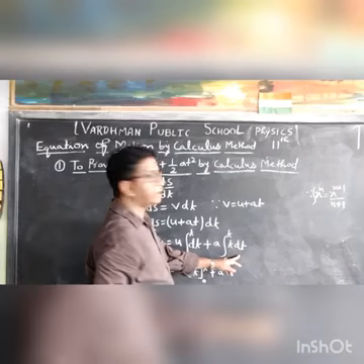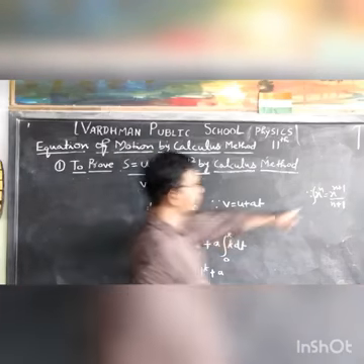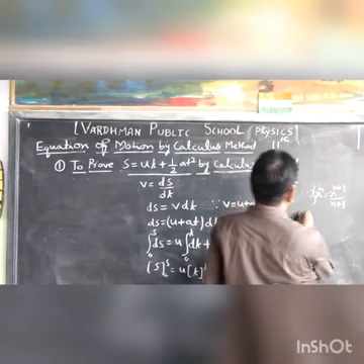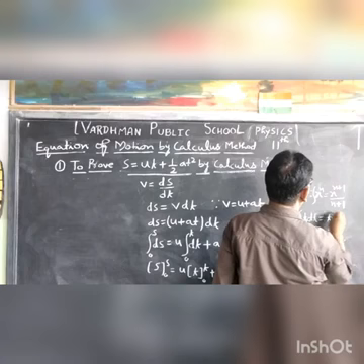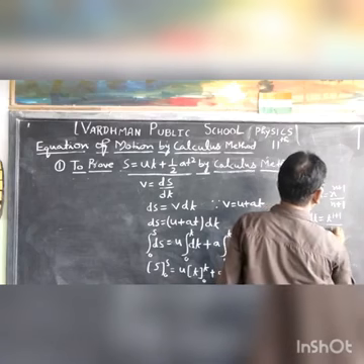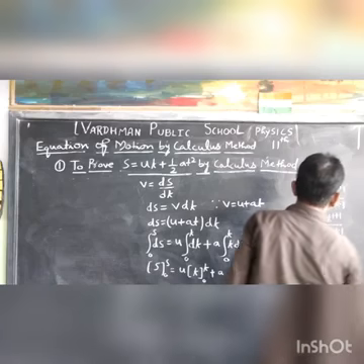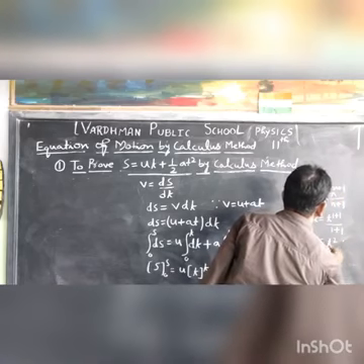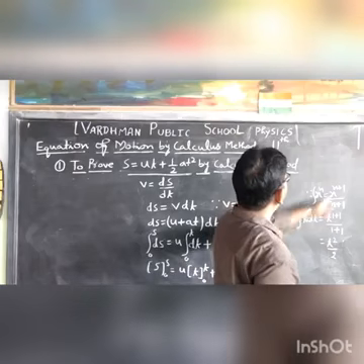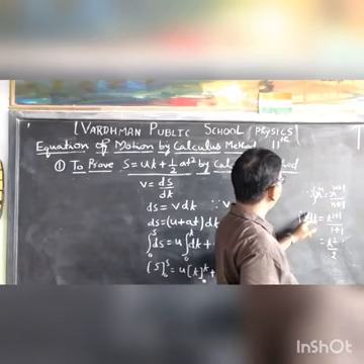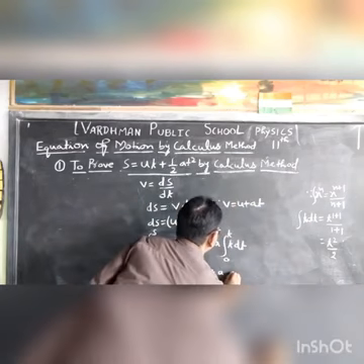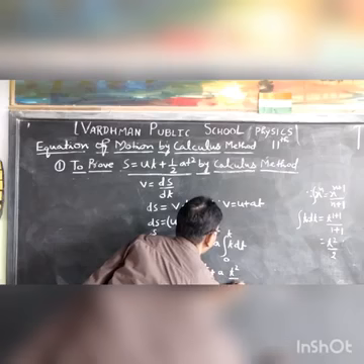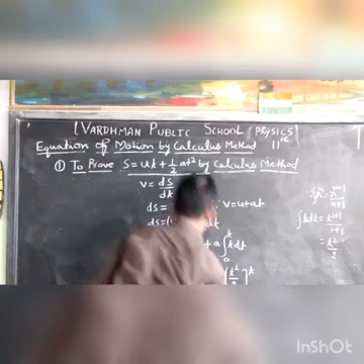Now the integration of t dt is t^(1+1)/(1+1), which is t²/2. Here the value of n is 1, which is understood. Thus it becomes t²/2, lower limit 0, upper limit t.